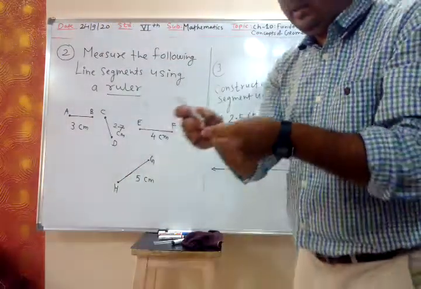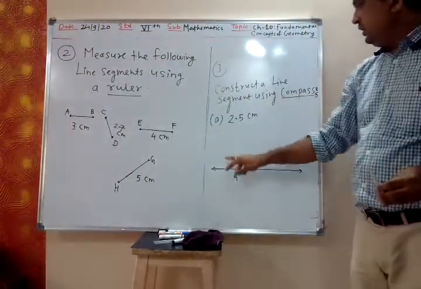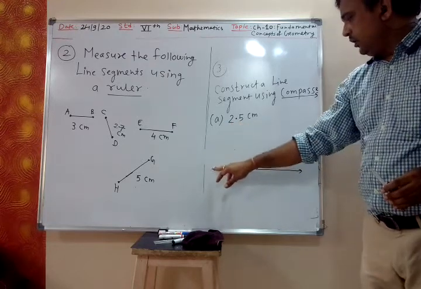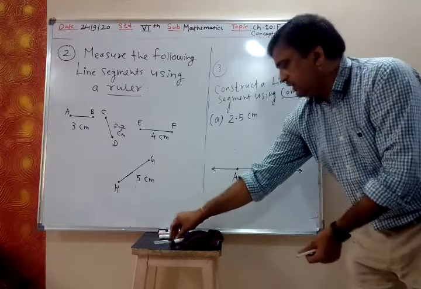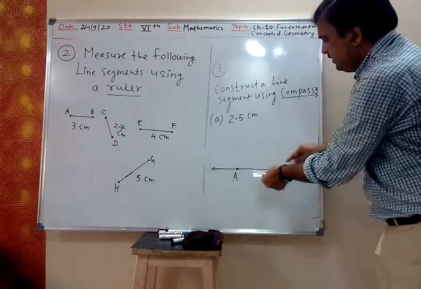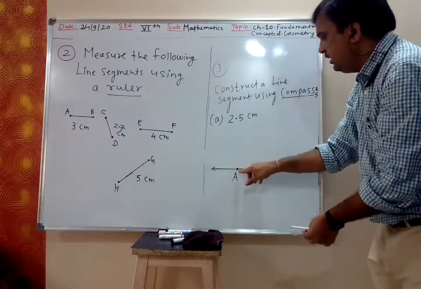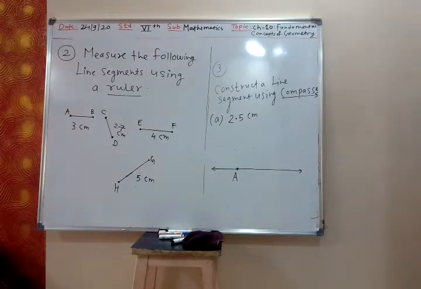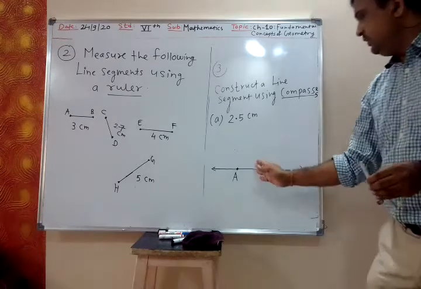To draw the line segment of 2.5 centimeter, you draw the line with the help of scale. Then you take any point A on that.